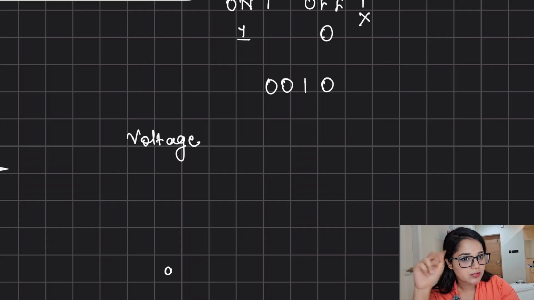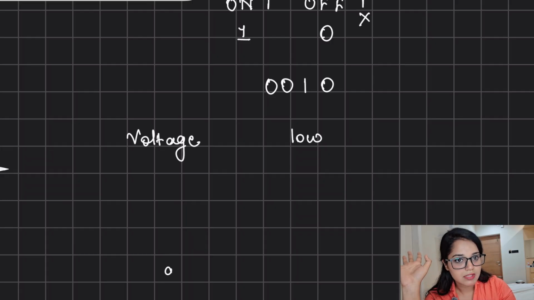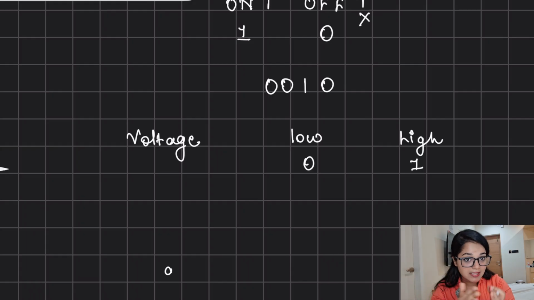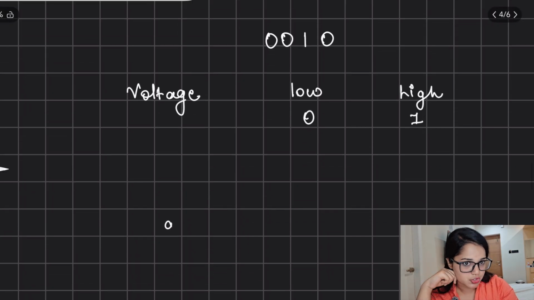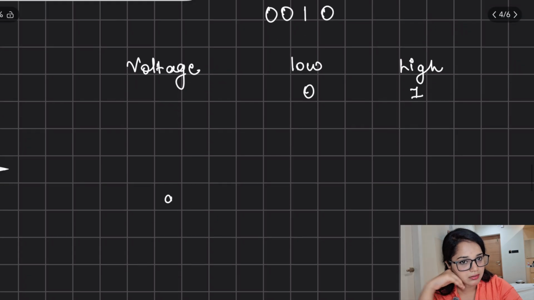But what if we consider only two states? Low voltage means 0 and high voltage means 1. How easy it becomes! And the gap is going to be huge. And as the gap is huge, these physical factors are not going to affect us that much. So this is also one of the reasons why the computer takes instruction only in binary format.